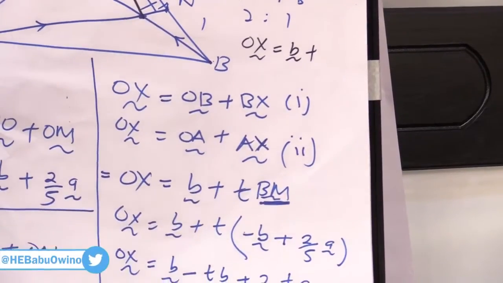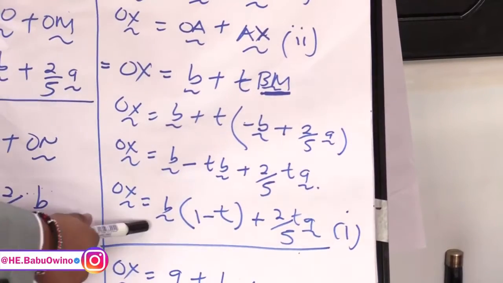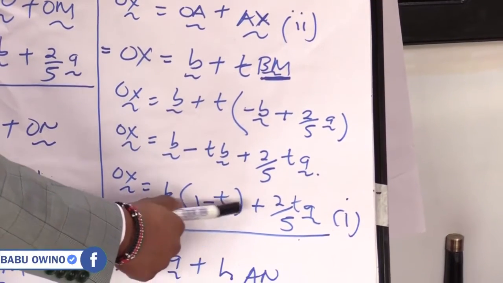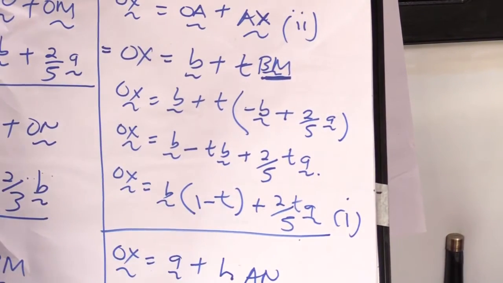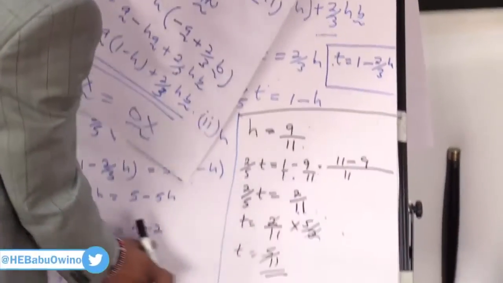Simply where there is T, replace the value of T here, and where there is H, replace the value of H here. So let's replace it together. We have our T as 5 over 11.